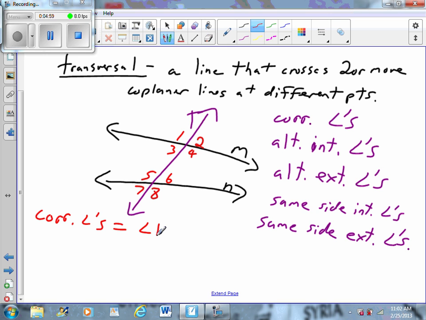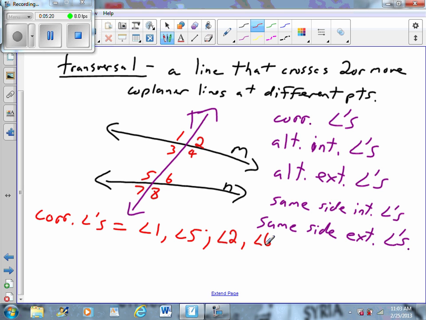You all see that? What would be another example of corresponding angles? 2 and what? 2 and 6. Right. So angles 2 and 6 would be another pair of corresponding angles.